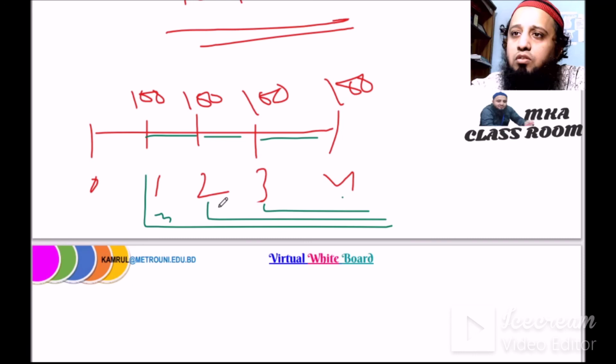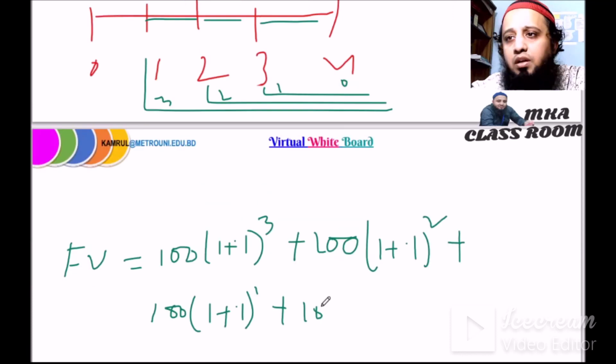Then you can use future value equal to 100 times 1 plus 0.1 power 3 plus 100 times 1 plus 0.1 power 2 plus 100 times 1 plus 0.1 power 1 plus 100 times 1 plus 0.1 power 0.